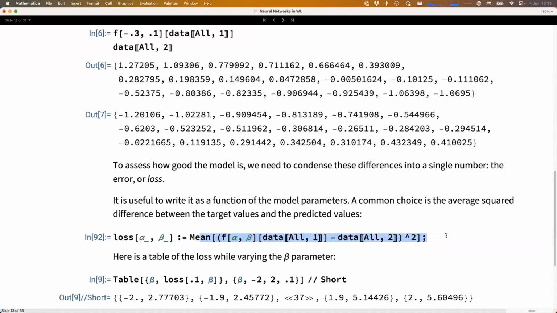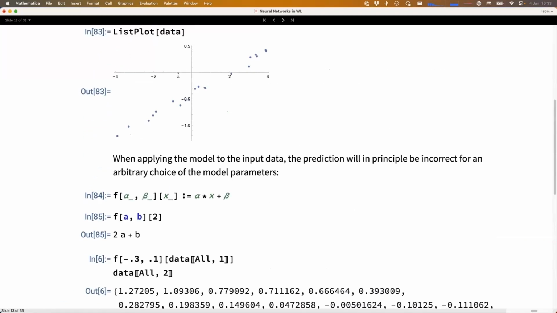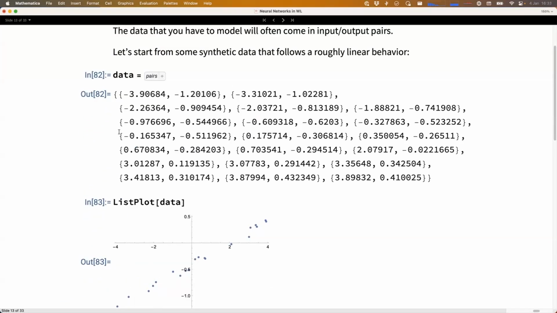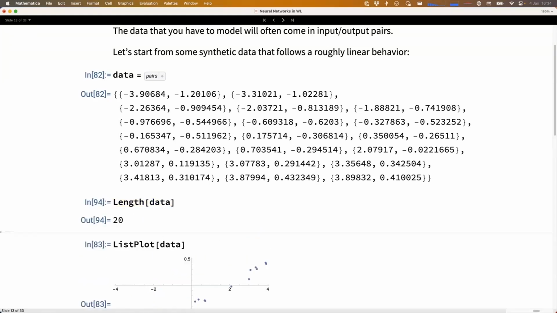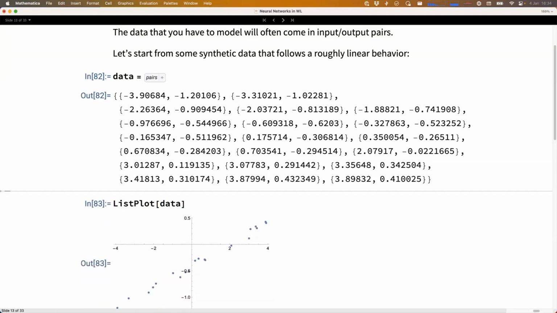As I said, for neural networks, you don't want to use everything. You want to look at the data a bit at a time because it is not going to fit in your memory. How many points are these? Let's figure it out. Length of data: it's 20 points. 20 points will fit, but imagine it's 20 million points.